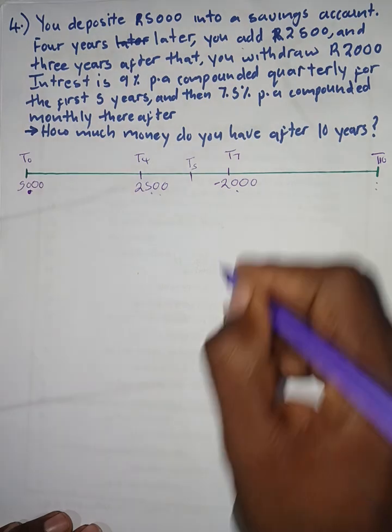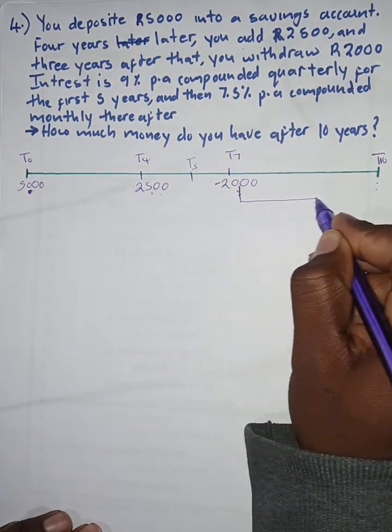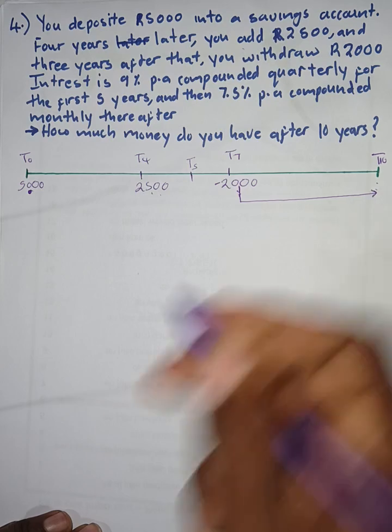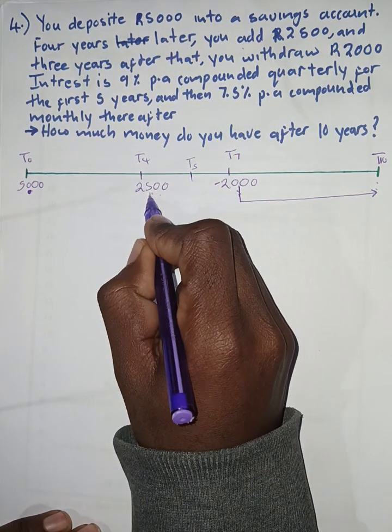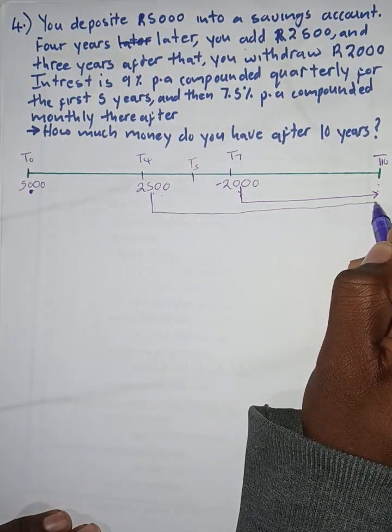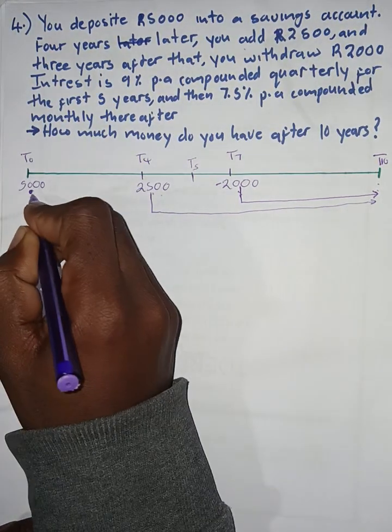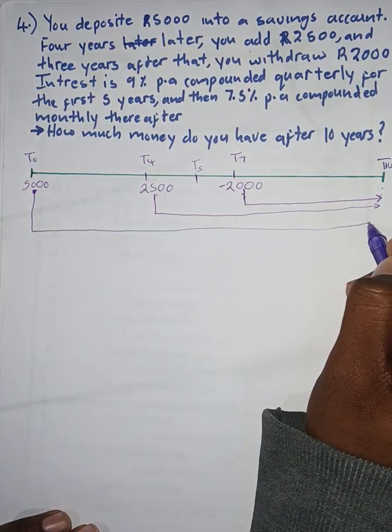But the first way would be to take that 2,000 and find out how much it will be worth at T10. And then you do the same: how much would that 2.5 be worth at T10? And then you do the same with that 5,000.